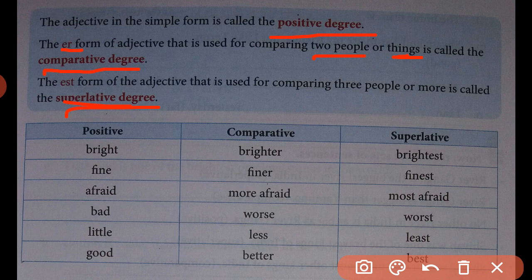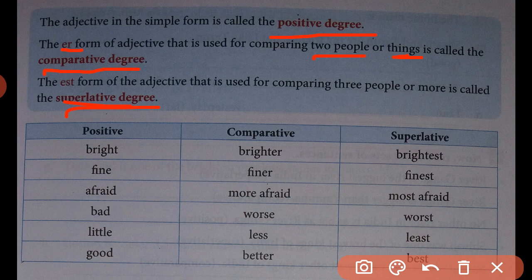For example, if I say he is the best in the class, that means here he is compared with the rest of the students of the same class, and there we find him being the best, so it is a superlative degree. For superlative degree we have to add est to the simple form of the adjective.